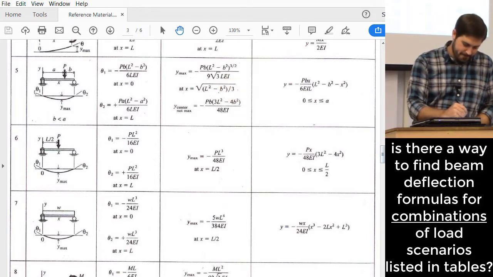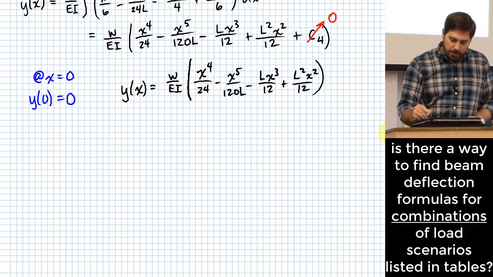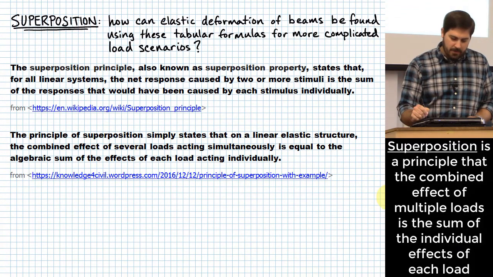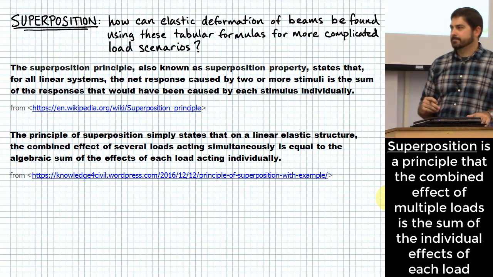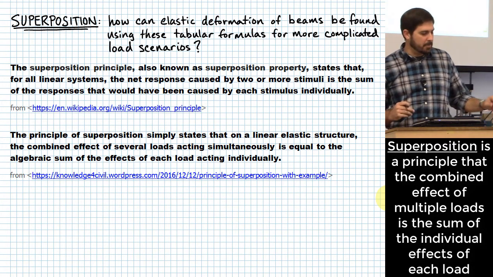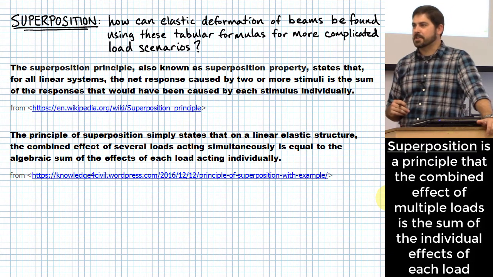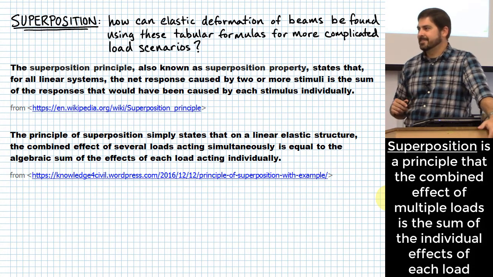All right? And we're about to do this with a very, very cool principle. This very, very cool principle is called superposition. Some of you may have already taken a circuits class. If you've taken a circuits class, you use the word superposition in there as well, right?